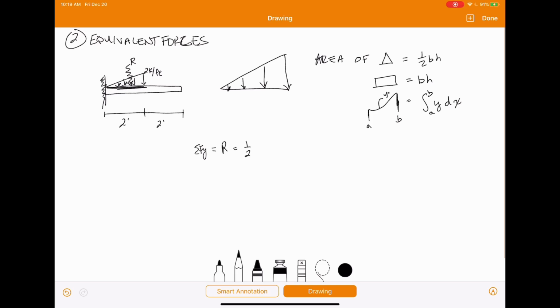It goes along this far, which is this distance here, so 2 feet, times our height of our triangle, which is 2 kips per foot. And we run the math on that. We know these 2's can cancel, feet will cancel, so we'll be left with 2 kips. All right, so that would be your equivalent force there.